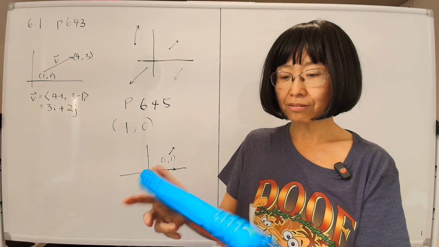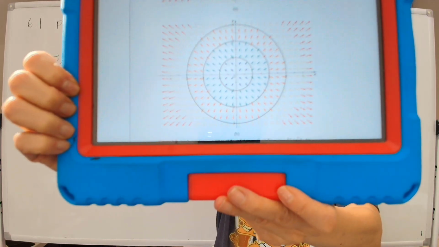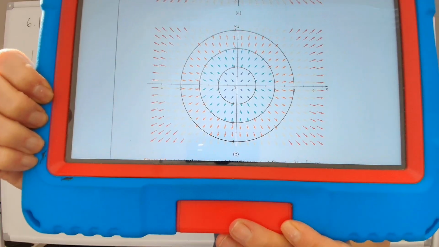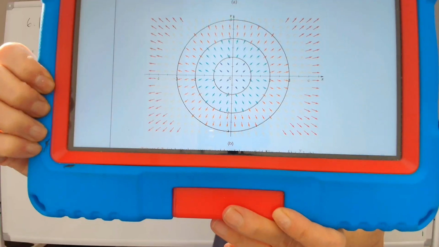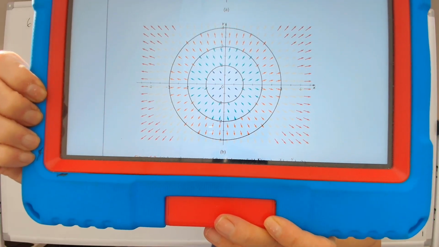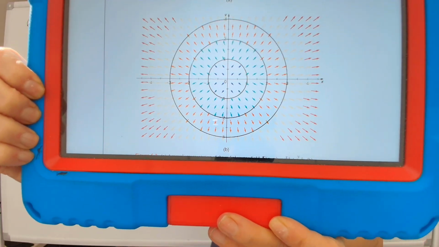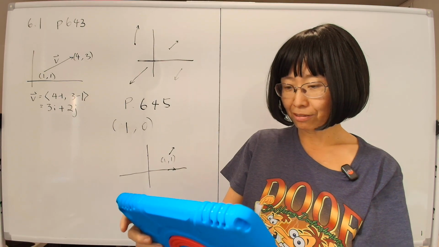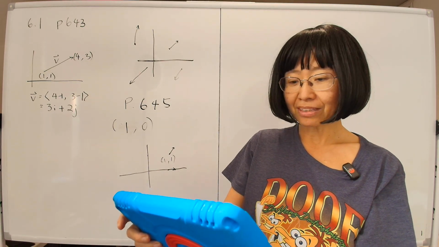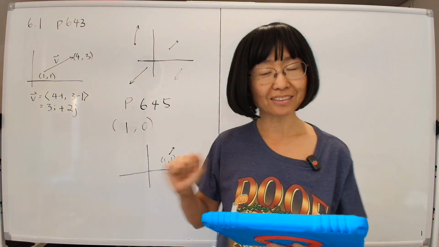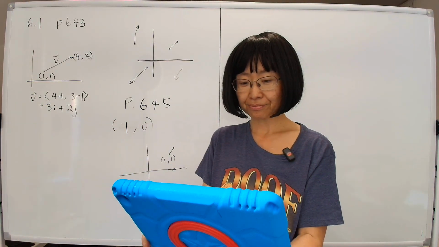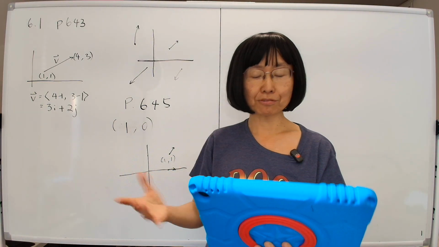Furthermore, if you draw circles centered at the origin, then since everything goes straight out, all the vectors are perpendicular to the circles, being that it is a radial field.